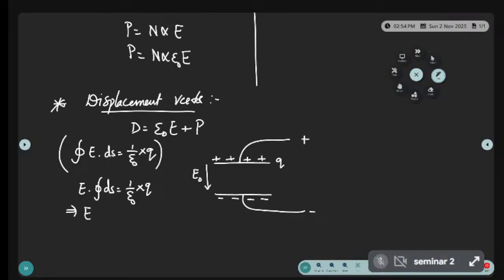E into the integration, which we take as A, is equal to 1 by epsilon naught into Q. Further, E is equal to Q by epsilon naught A.